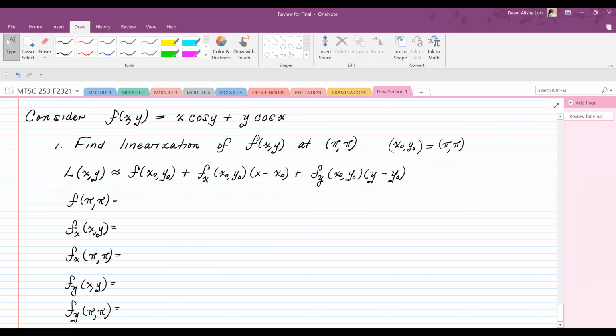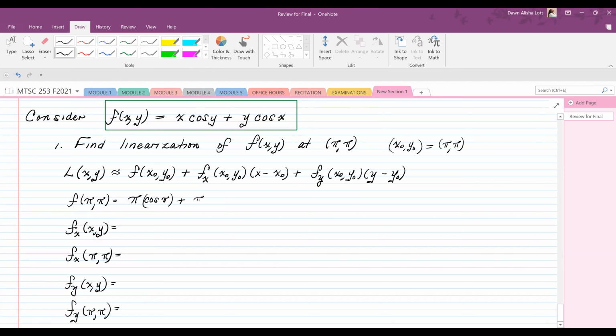Hold up. Like on the circle? No, it gives you f. Oh, f is right here. You gotta use that. Pi, pi, so it'll be pi times cosine pi, plus pi times cosine pi.